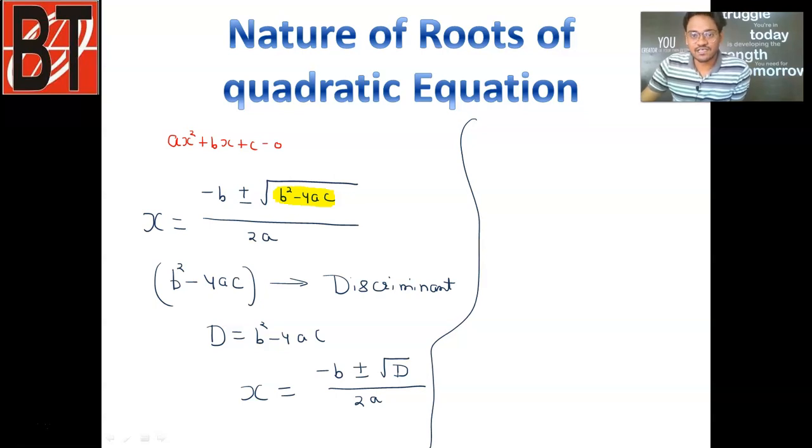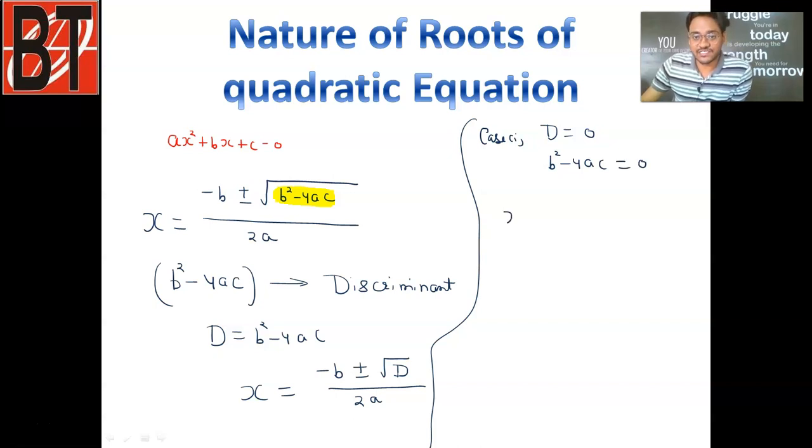See carefully, students. There can be three possible cases of this capital D. In case number one, suppose the value of this capital D is 0. That means the value of b square minus 4ac is 0. Now in this case what will happen?